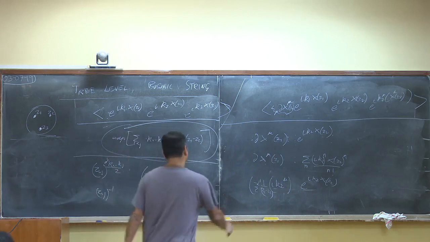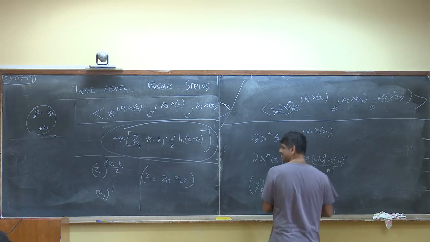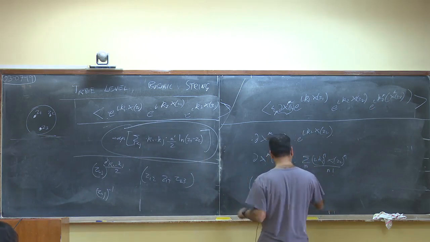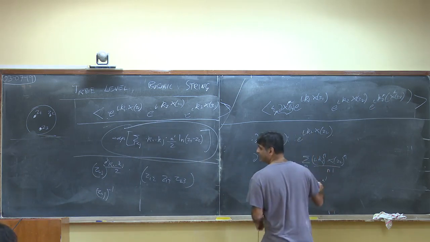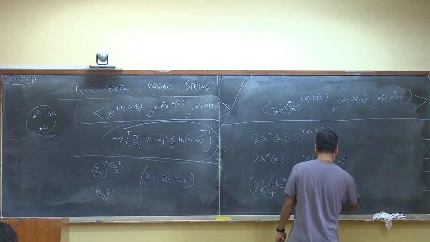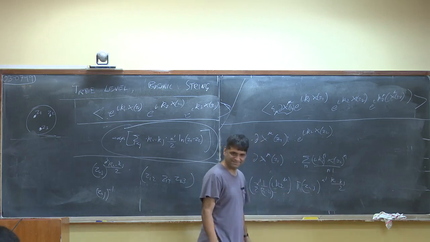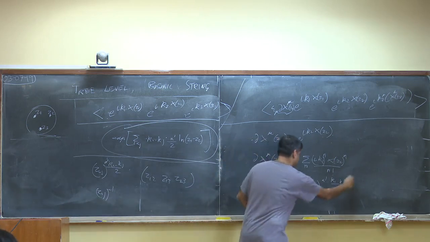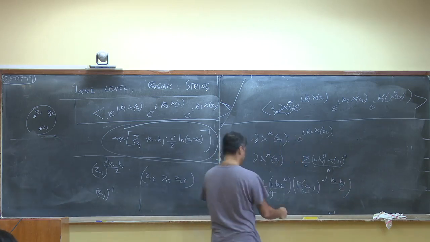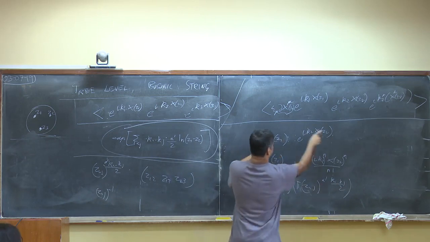So what we're going to get in the end is the product of z_ij to the power alpha prime k_i dot k_j by 2. And of course, there will be a term where this contracts with 3.